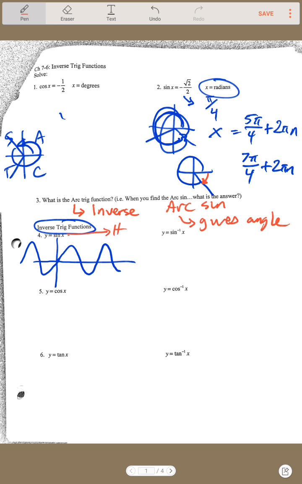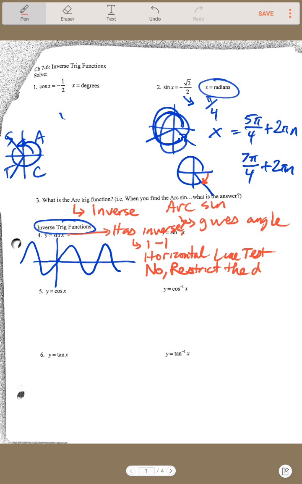The question that we're being asked is, does it have an inverse? If it has an inverse, we need to make sure it is 1 to 1, which means it must pass the horizontal line test. If it doesn't have an inverse, then we need to restrict the domain so it does.